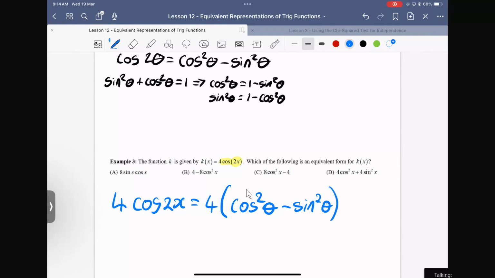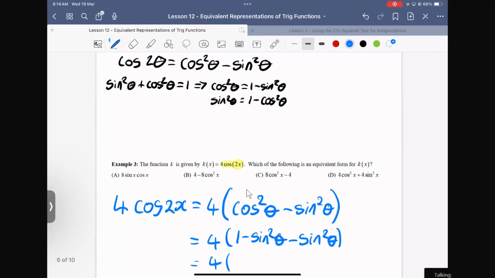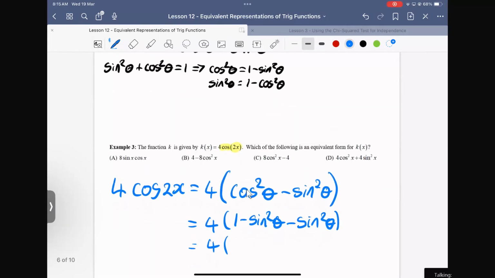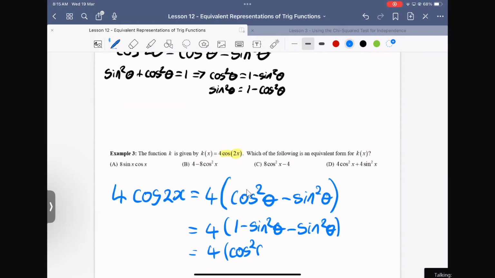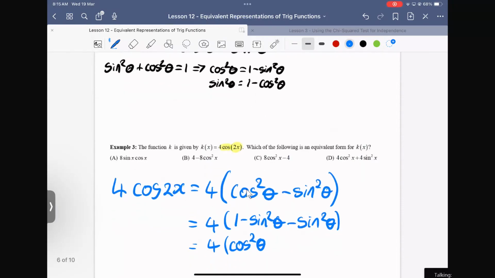And then inserting each one, we could say 4 times, I'm going to get rid of cos, so I'll have 1 minus sine squared theta minus sine squared theta. Or I could have 4, and then this time I'll substitute out sine, and I'll get cosine squared theta minus 1 plus cosine squared theta.